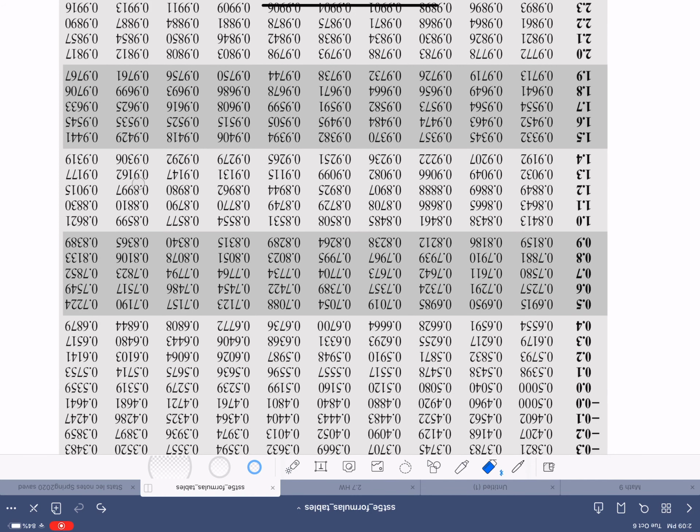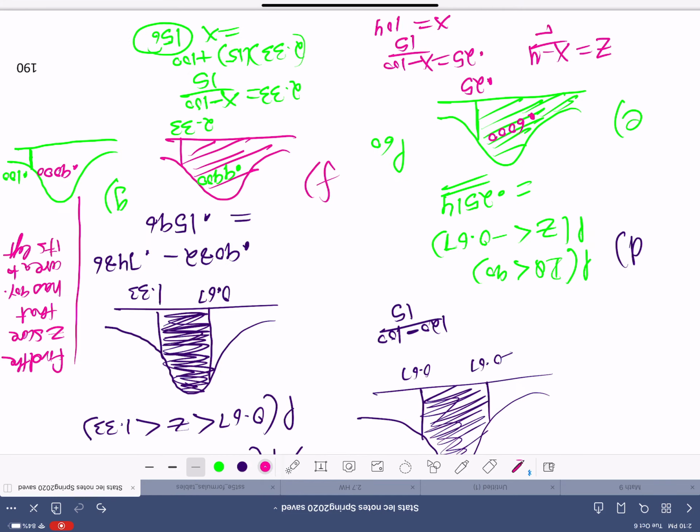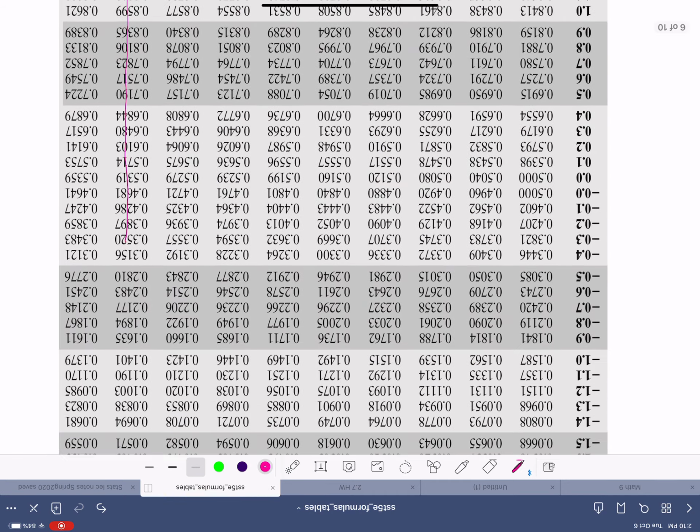Somewhere here. There we go. So I can see that these two values are close to 0.9000, but this one is closer as compared to the other one. So I'm going to go with 1.28.